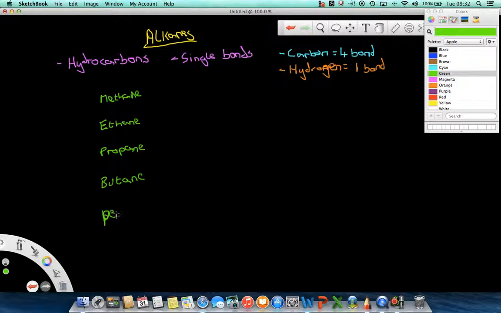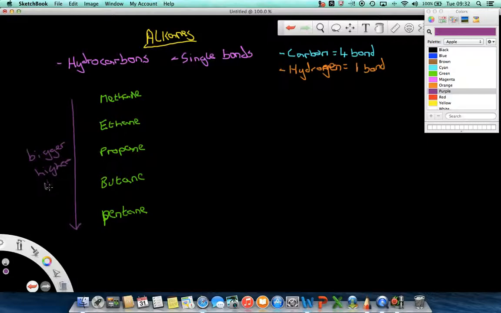Hope I could spell. Pentane. Okay. And as we go down, methane is the smallest, pentane is the biggest. They get bigger molecules, and therefore they have higher boiling points.